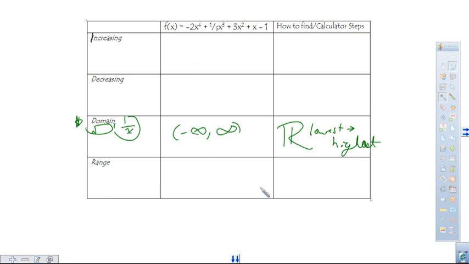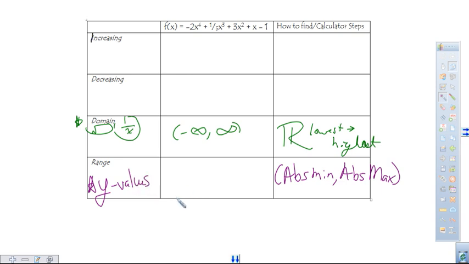Okay? Your range is going to be your absolute minimum, comma, your absolute maximum. These are always Y values. Okay? Always, always, always Y values.